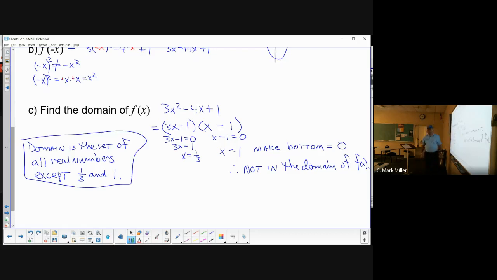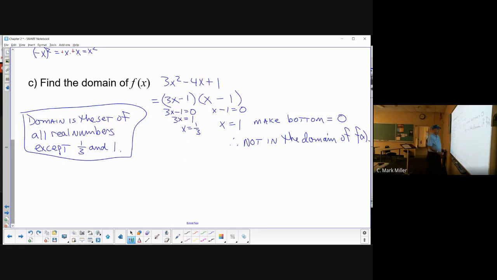Another way of writing that, you could write that as a union of intervals. So you could say minus infinity up to 1/3, union 1/3 to 1, union 1 to positive infinity. What is that?